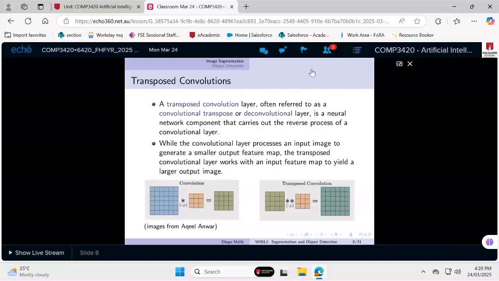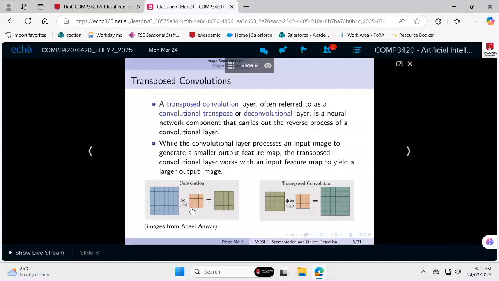feature space. So if you have this blue feature space, and you apply a convolution of kernel size 3, without padding, stride 1, you would get 4 times 4.